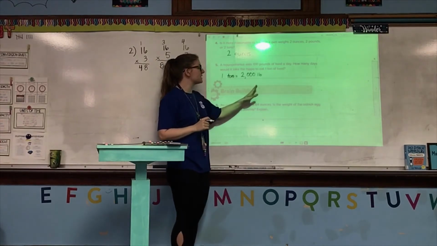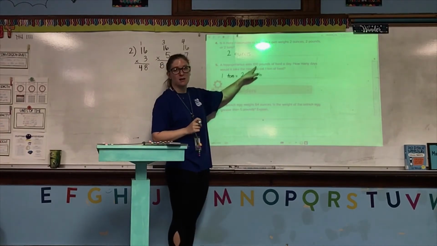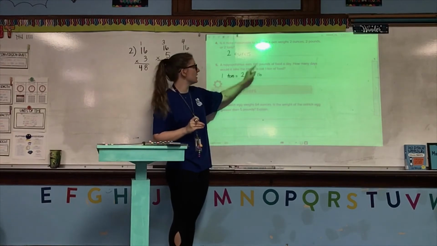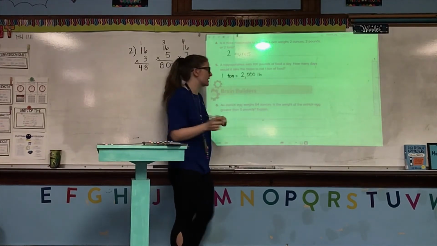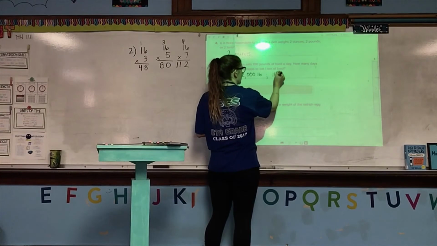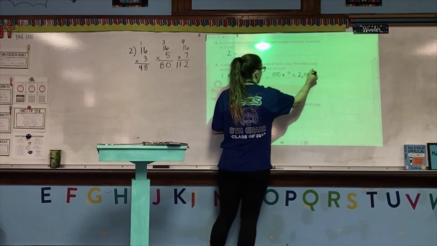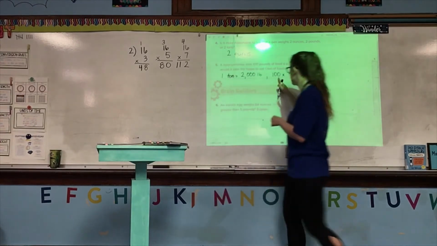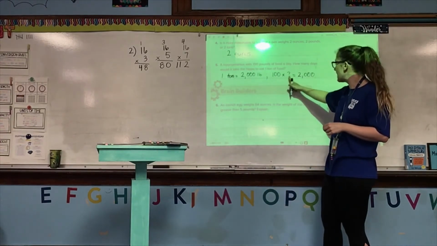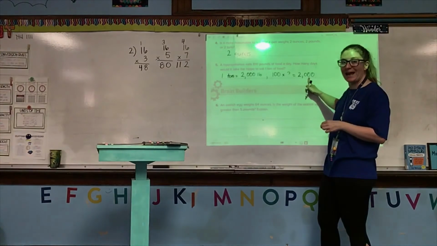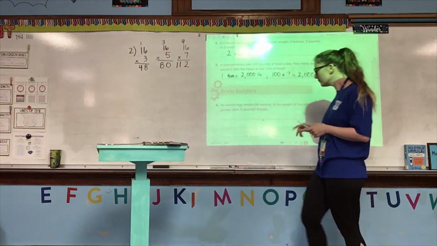So what that means is we have to figure out how many groups of 100 can fit into 2,000. So what that means is 100 times what equals 2,000? Because 100 pounds a day for how many days would be 2,000 pounds or 1 ton?